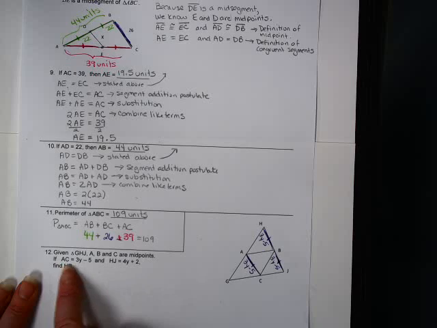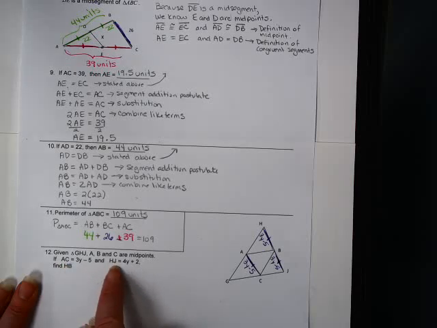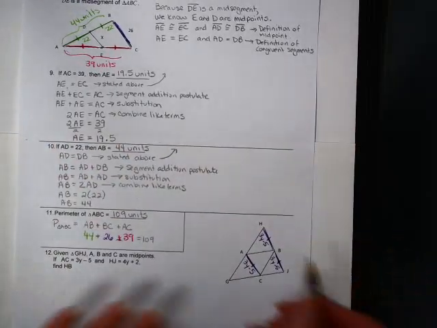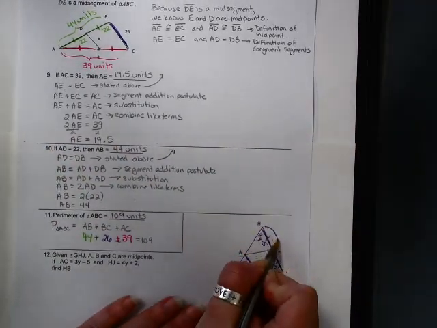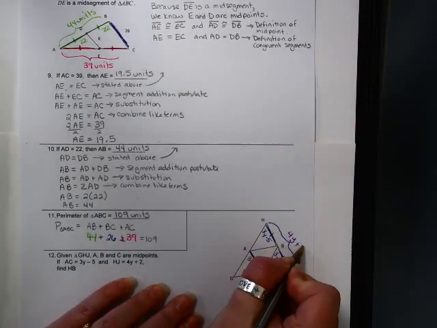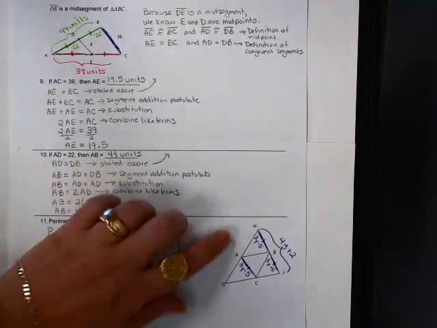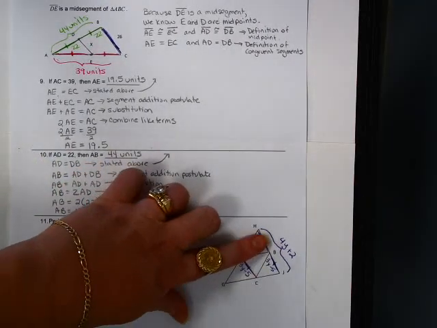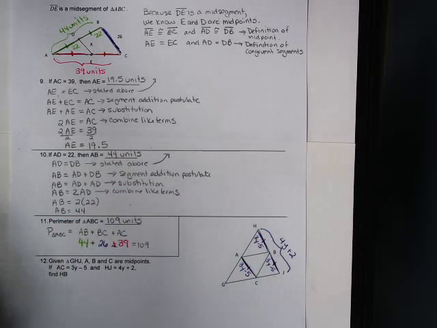So the next piece of information says, and HJ is 4y plus 2. HJ is the whole side. So this whole side over here is equal to 4y plus 2. So now you should be able to see clearly that this plus this is going to equal the whole thing.